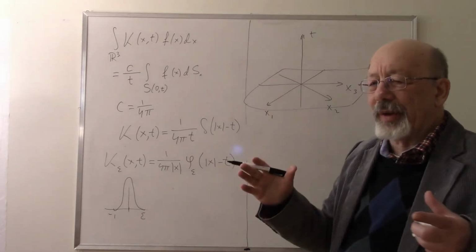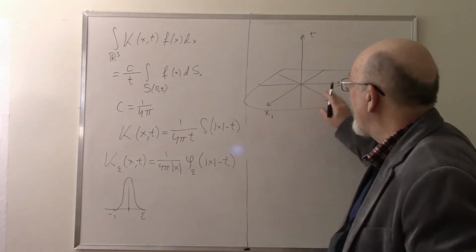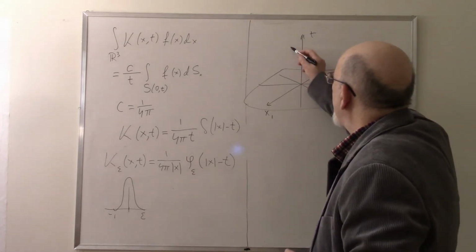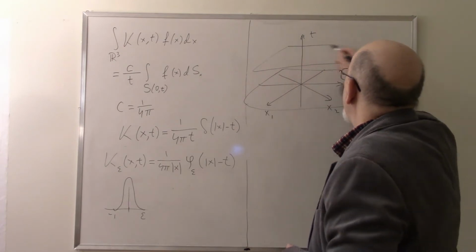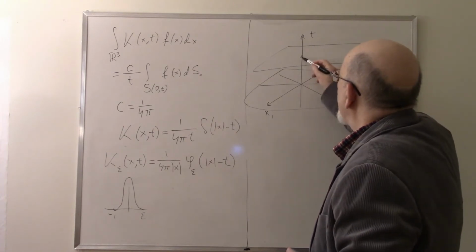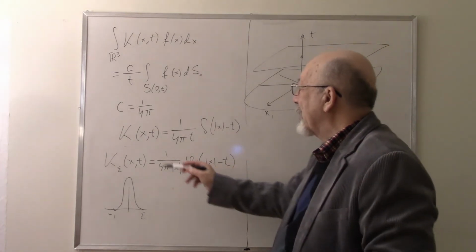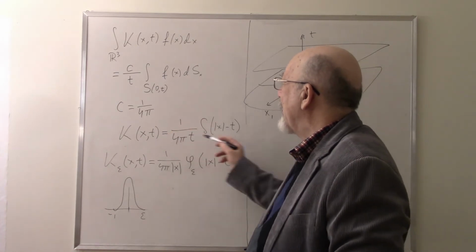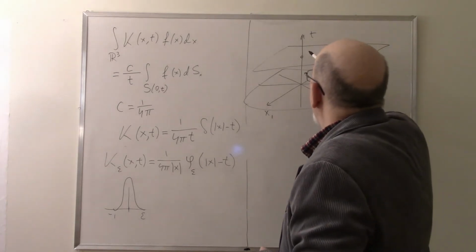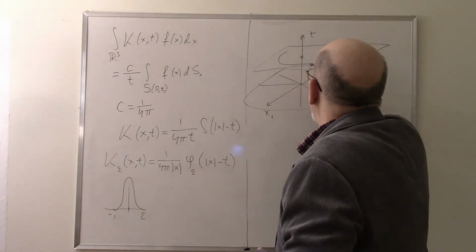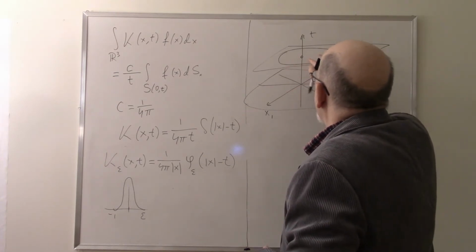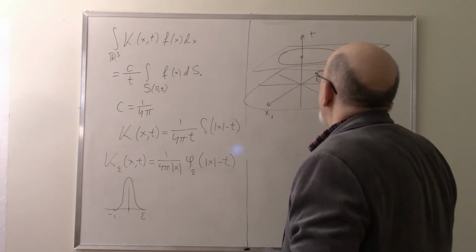I will draw as if it were two-dimensional, but in fact it is three-dimensional. For any t we have the plane, t is constant, and in this plane the function k of x t will be 0 everywhere but on the sphere of radius t.